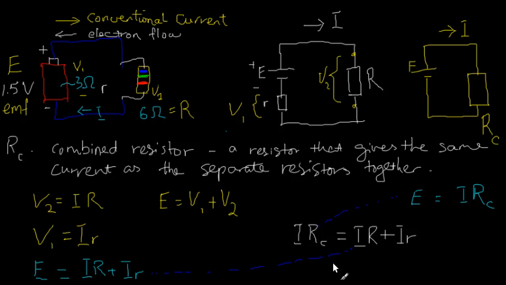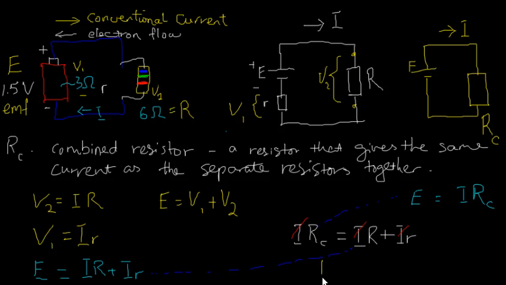Okay, does this help? Right, notice that in this equation I have the current I as a common factor on both sides. So this means that I can divide both sides by I. If I do that, all the I's will cancel, and I'm left with exactly what I want.